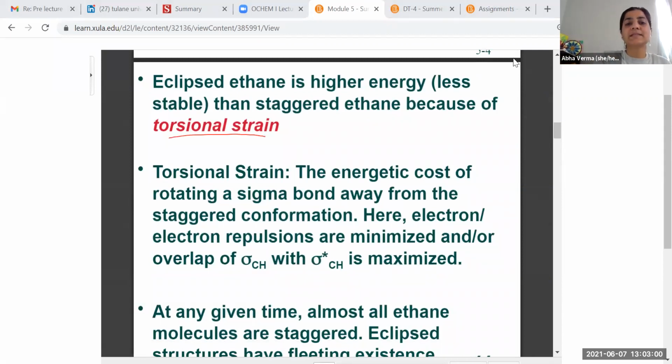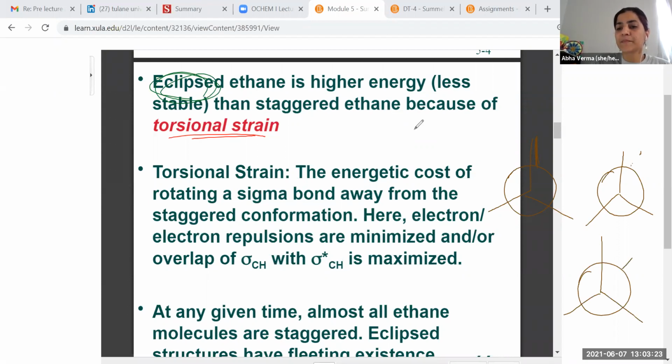Okay, so that is one of the biggest strains that we see in all of the eclipsed conformations. As the conformation moves away from being eclipsed to being staggered, we see that this torsional strain decreases in the staggered view.